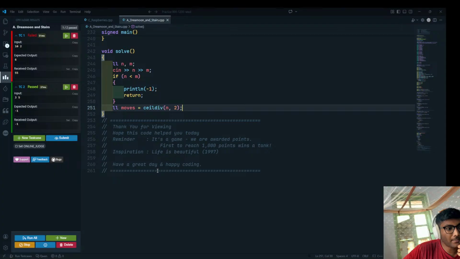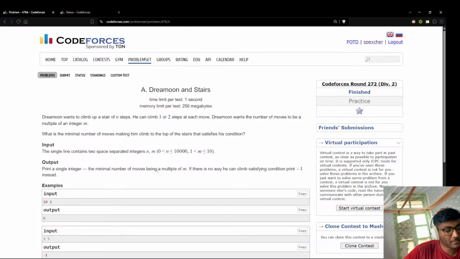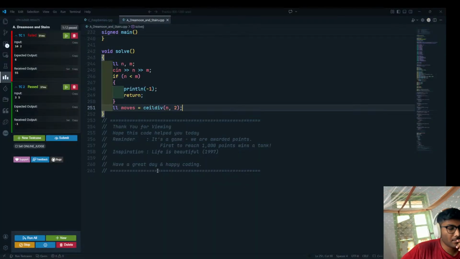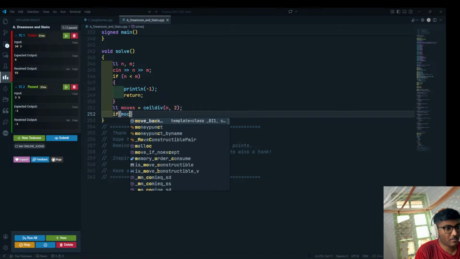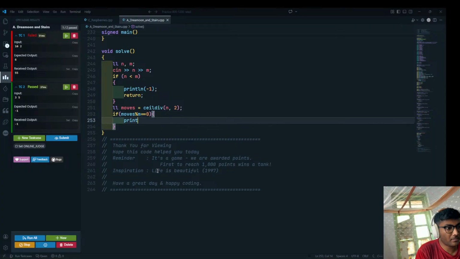So how to find the nearest multiple? I think m is okay. If moves modulo m equals 0, print the moves.